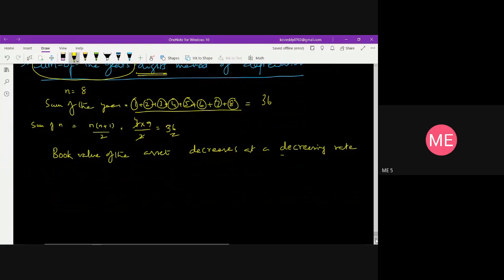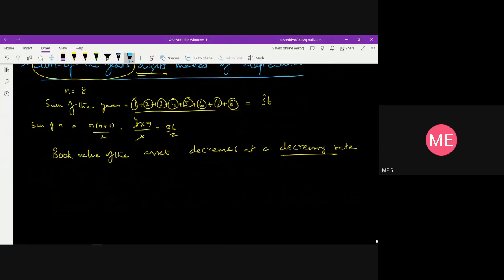Decreasing at a decreasing rate means the beginning should be high. At the beginning of the year, we should have the highest rate of depreciation.